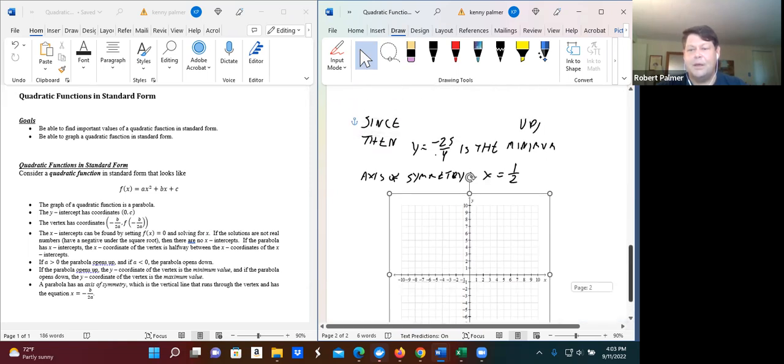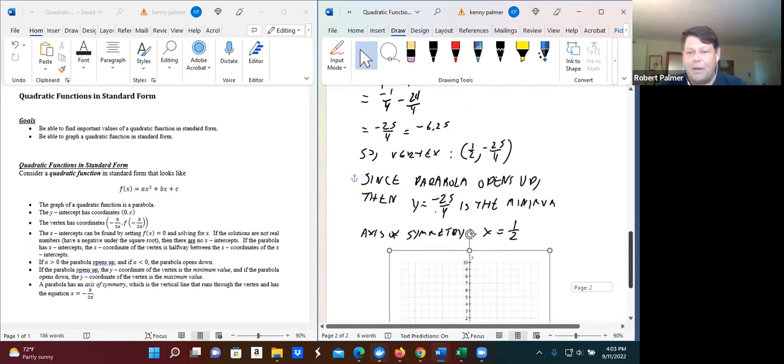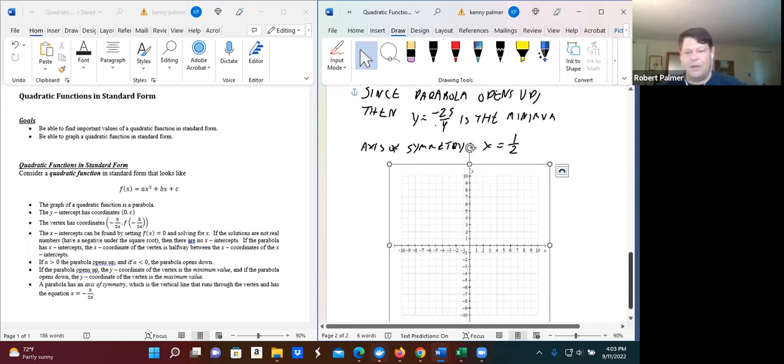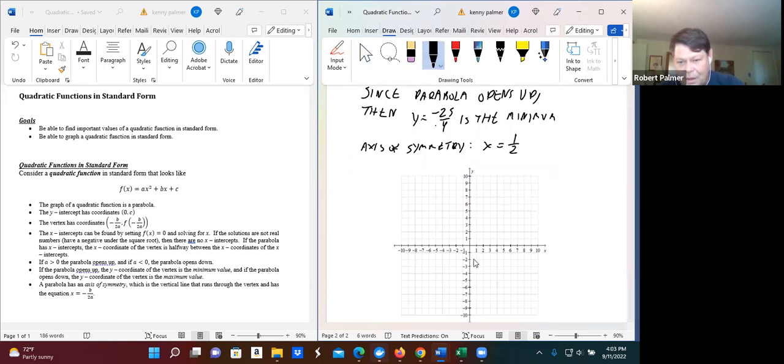Okay, so our vertex is going to be 1/2 and about negative 6.25. I have to approximate that. So positive 1/2 is about right here. Negative 6.25, that's going to be just about right there. A little hard to find. So 1/2 and negative 25/4. That's our vertex.